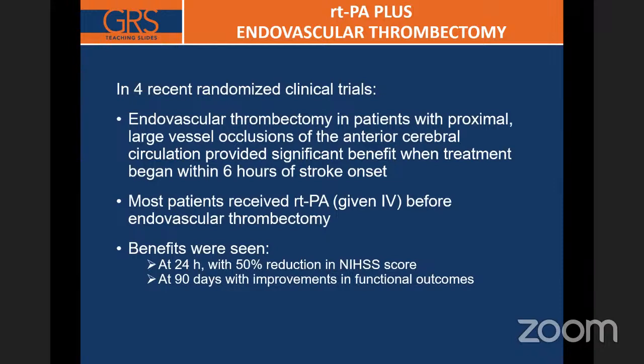Most patients received alteplase IV before endovascular thrombectomy. Benefits were seen at 24 hours with a 50% reduction in NIH score, and at 90 days with improvements in functional outcomes.